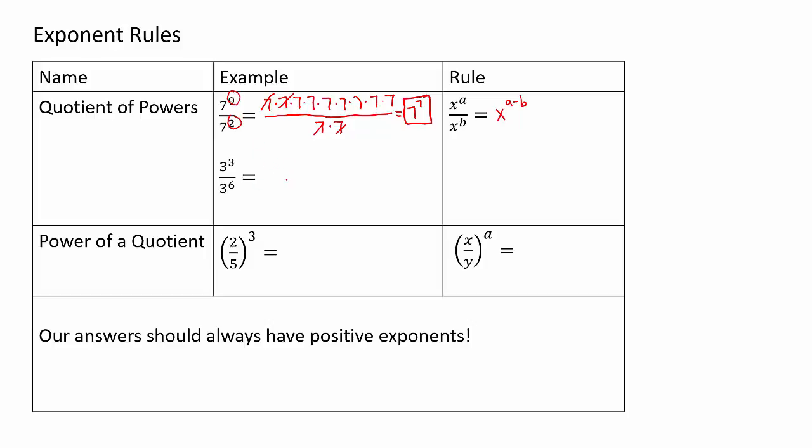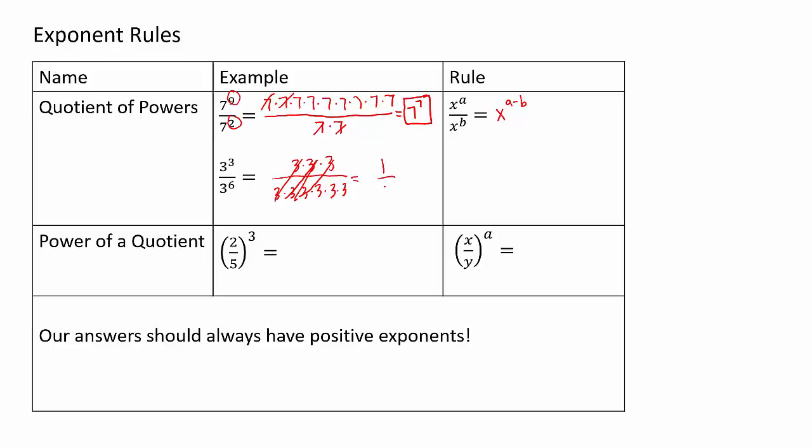Now sometimes what happens with that is that we'll get a negative exponent. So for instance, this is 3 3s on top and 6 3s on bottom. And if we pair up and cancel out, then we have 3 3s left on the bottom.